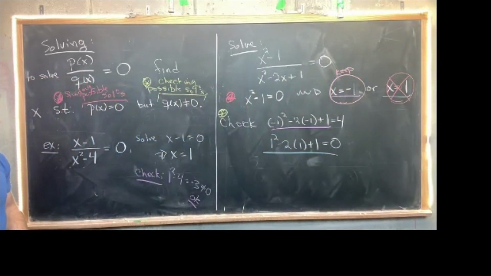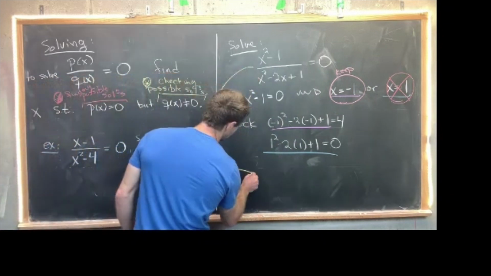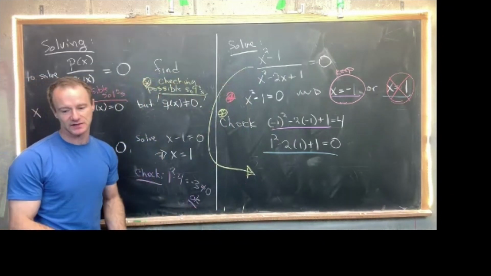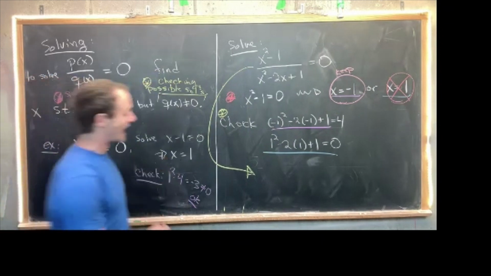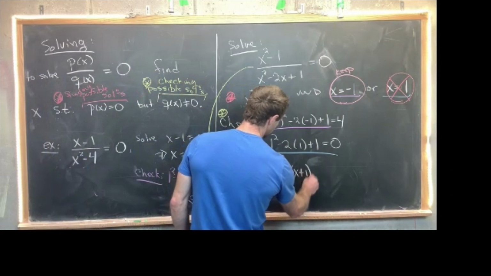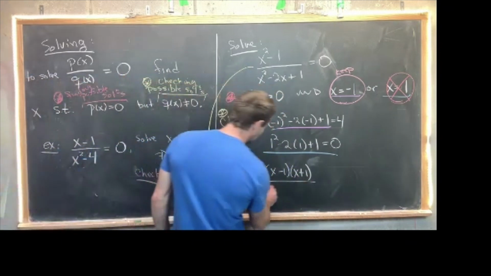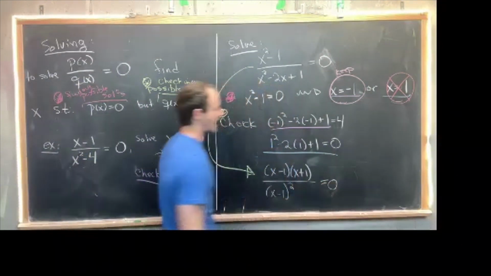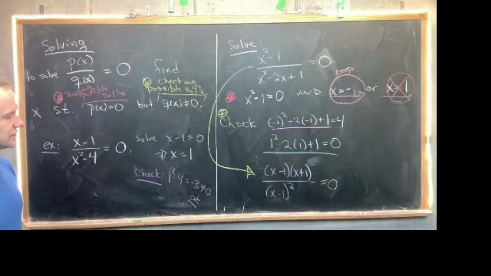Okay. And you can actually get away from doing any of this by simplifying the rational function as much as possible first. Notice that we can factor the numerator, like x minus 1 times x plus 1. And then you can factor the denominator, like x minus 1 quantity squared. So now that equation that we started with turns into this equation after doing all of the factoring.